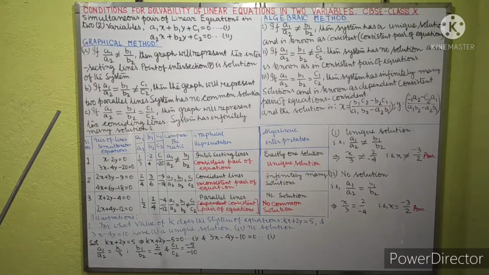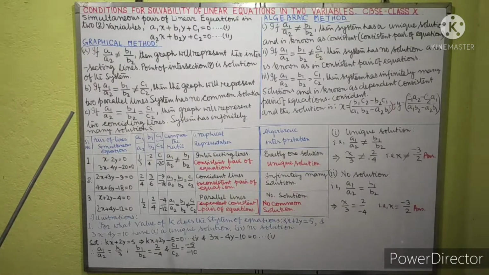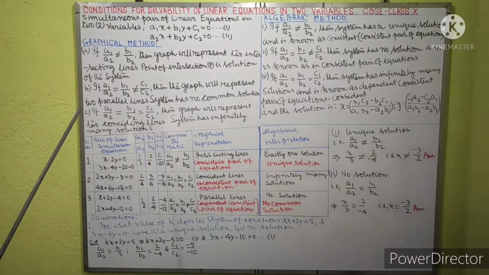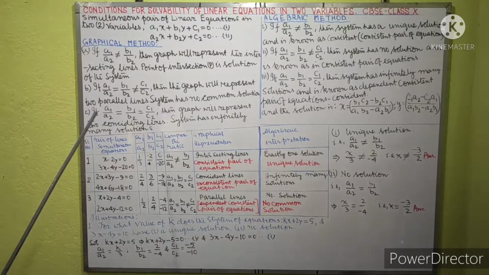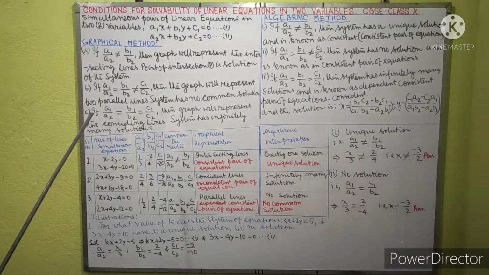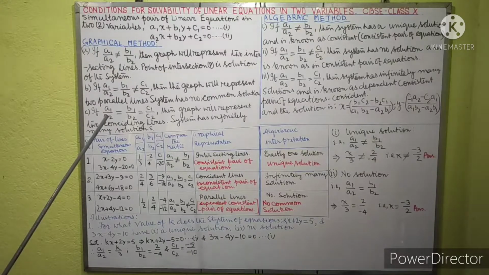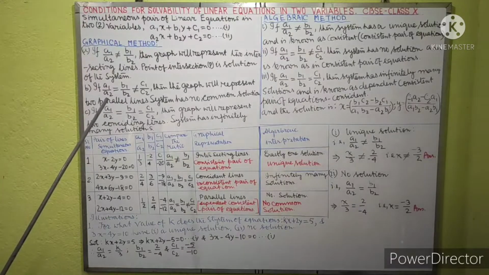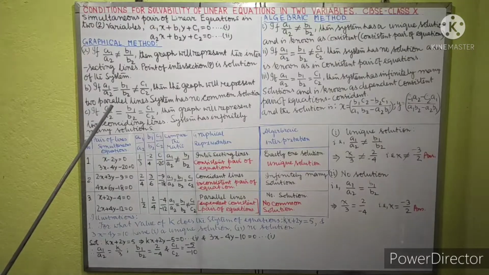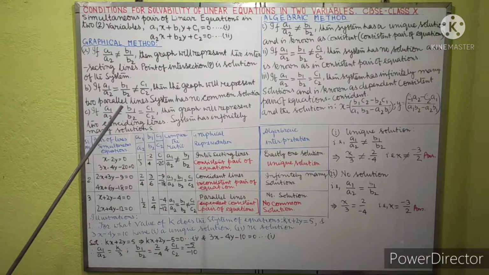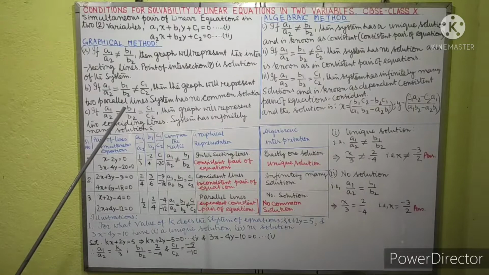a1 is the coefficient of x in equation 1, b1 is the coefficient of y in equation 1, and c1 is the constant term in the first equation. a2 is the coefficient of x in the second equation, b2 is the coefficient of y in the second equation, and c2 is the constant term for the second equation.